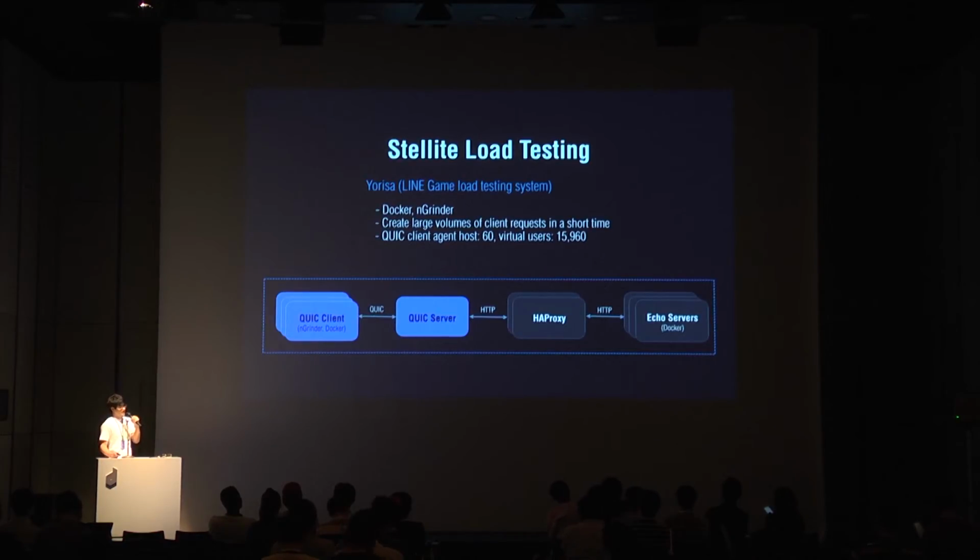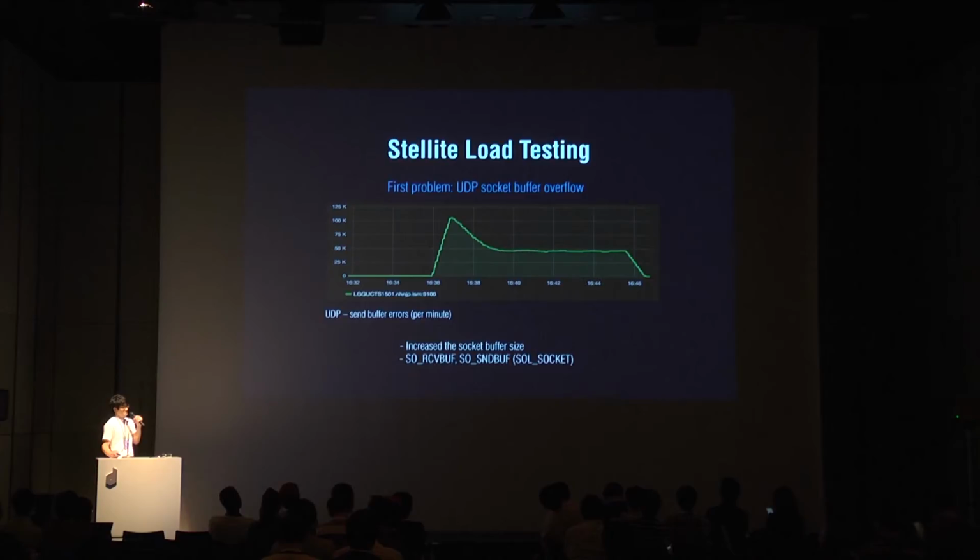Let's take a look at what kind of performance issues were discovered and how we solved them. The first problem is the UDP socket overflow problem. Unlike TCP socket programming, a UDP socket has to process both request and response in a single socket.